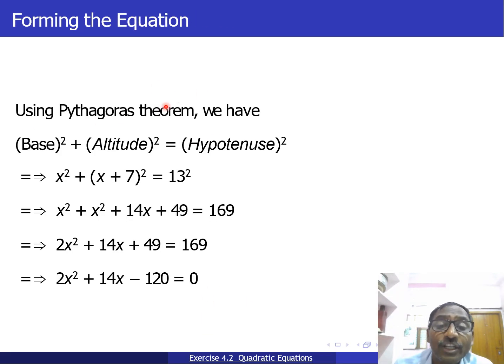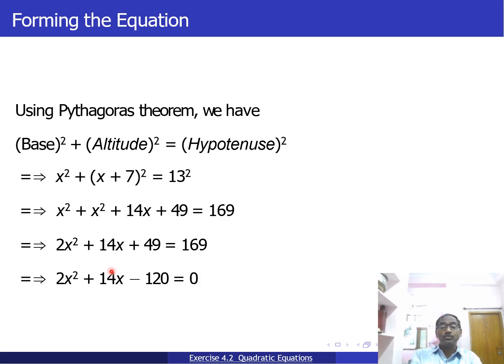So using Pythagoras theorem, base square plus altitude square equal to hypotenuse square. This implies x square plus (x plus 7) whole square equal to 13 square. So x square plus x square plus 14x plus 49 equal to 169.